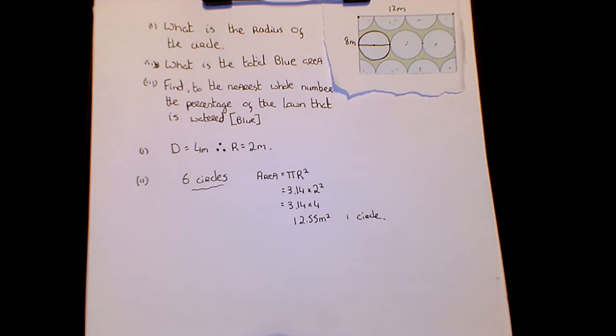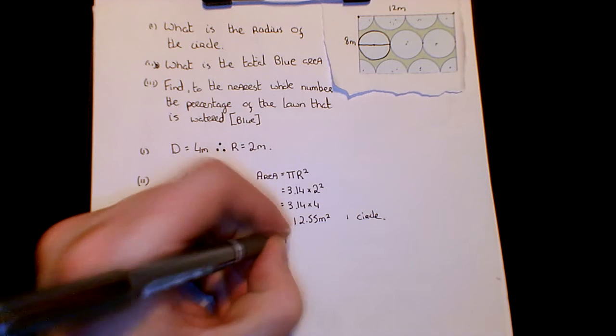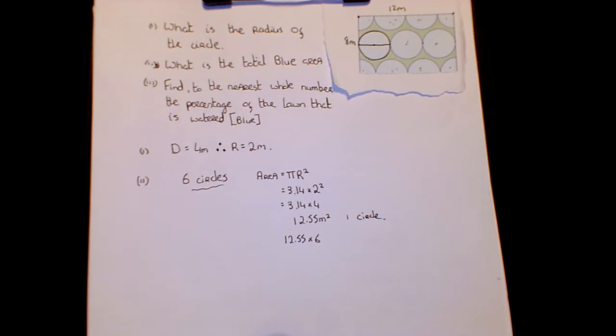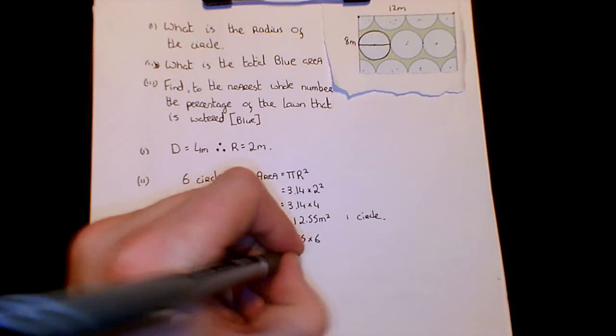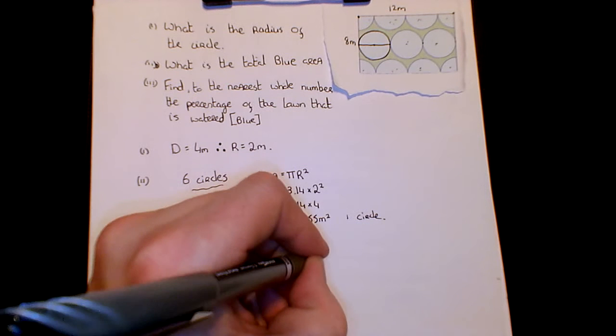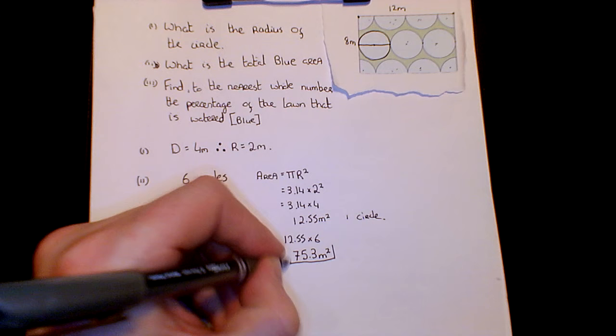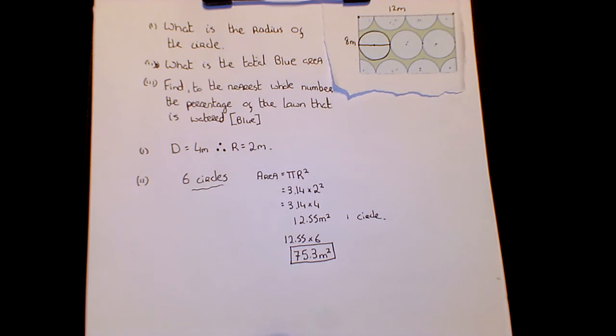I need the area of 6 circles, so it's 12.55 multiplied by 6, which is 75.3 meters squared. So there is the total blue area.